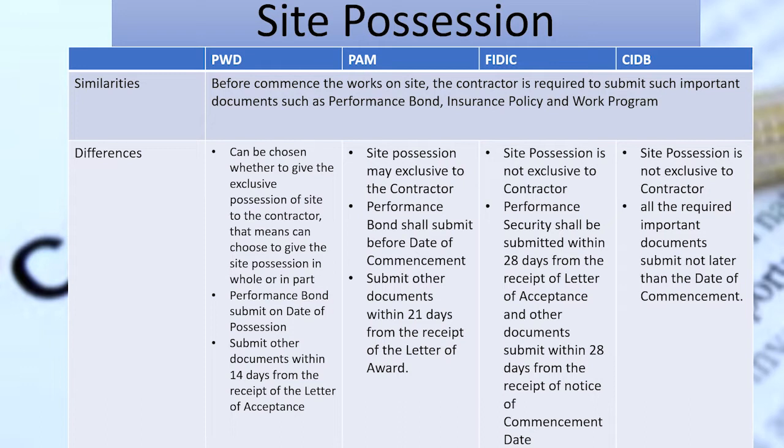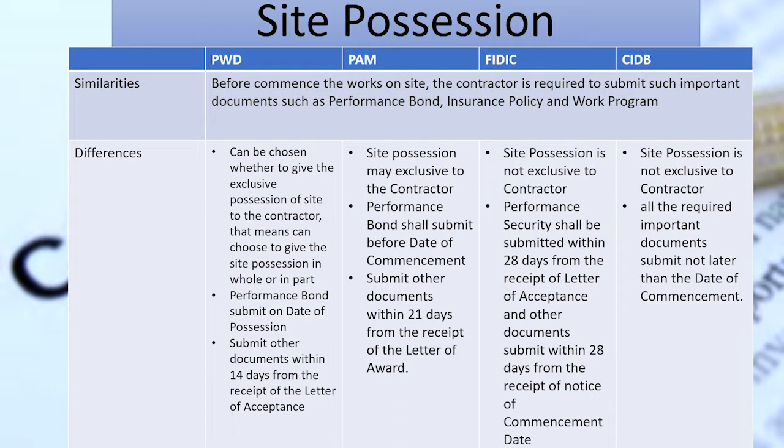In PAM, the site possession may be exclusive to the contractor. The performance bond should be submitted before the date of commencement, and other documents should be submitted within 21 days from the receipt of the letter of award. In FIDIC, there is an express term stating that site possession is not exclusive to the contractor.